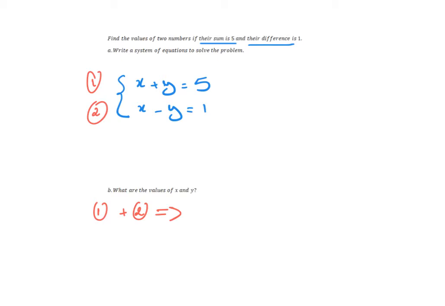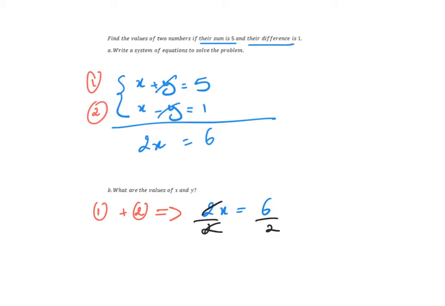If I add equation 1 and 2, it's going to be 2x, and y with negative y would be gone. 5 plus 1 would be 6, so we get 2x equals 6. I can divide by 2 on both sides to solve for x, and I will get x equals 3.